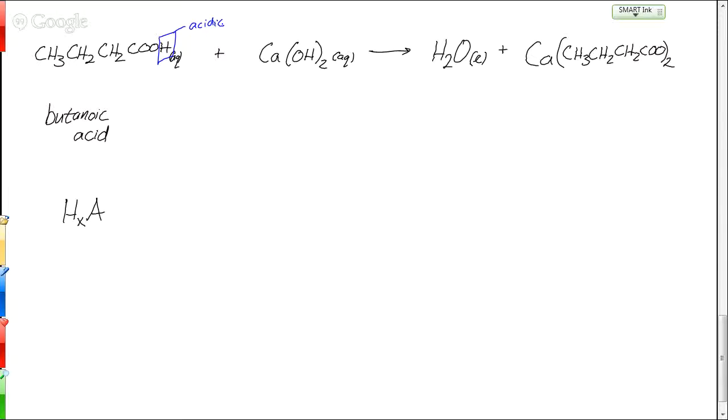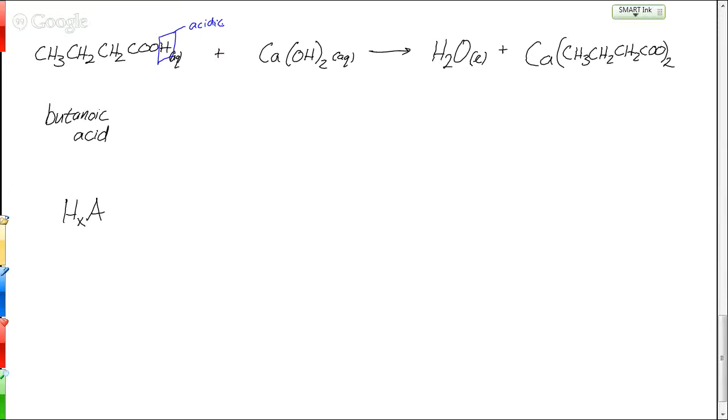This would be an example of a weak acid because it's not one of the ones in the list of strong acids. There's only a handful of strong acids. The rest we call weak. Does that answer your questions or just make it more confusing? So would we encounter this in an exam? Yes, you might see something like this.